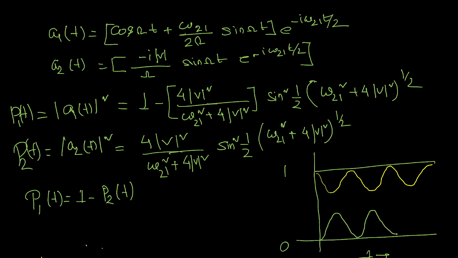So this is state 1, this is state 2. This kind of oscillation was actually introduced by Professor Rabi, so in his honor it is known as Rabi oscillation.